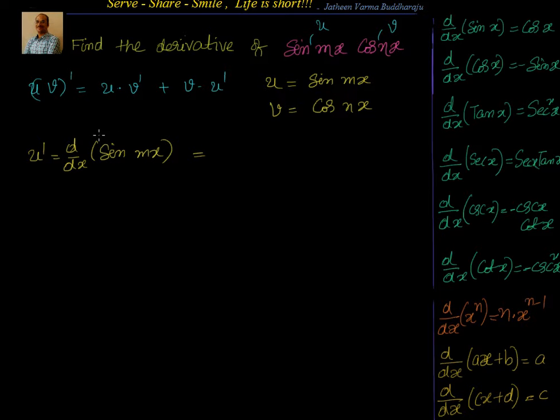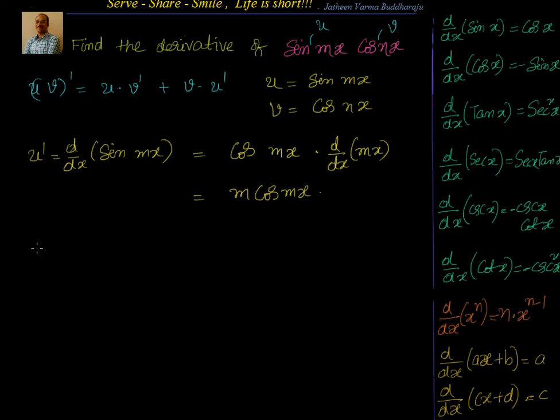We know, at a higher level, sine of some variable, the derivative of sine x is nothing but cos x, but x is mx, so I will write cos mx multiplied with the derivative of the variable, because mx itself is a function, d by dx of mx, which is m. So u dash is m cos mx.